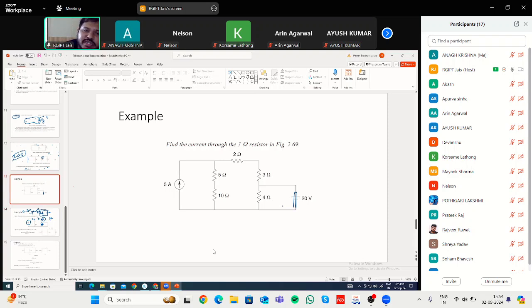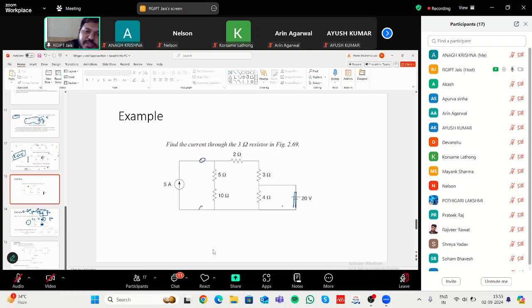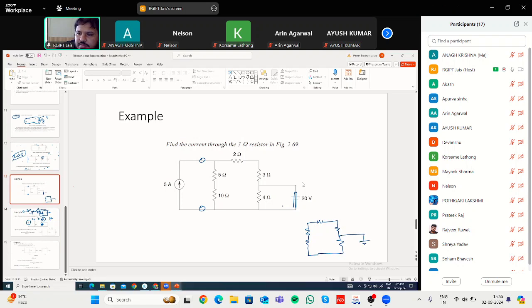Now you will be deactivating the current source. That means it will be an open circuit here. So the circuit will look like this.